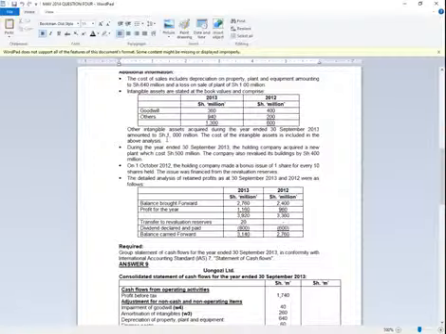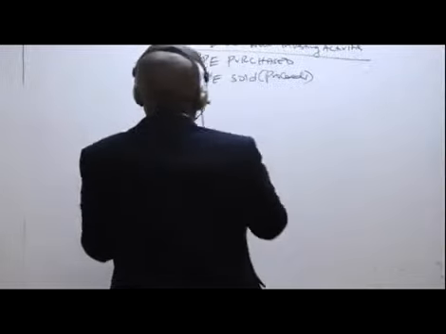So in this case, I'll come straight away and mention the purchase of intangible assets, free marks, low-hanging fruit. Purchase of intangible assets, 1,000.